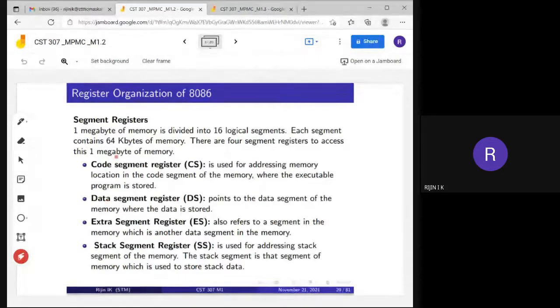Okay. So the 1 MB memory is divided into 16 logical segments.